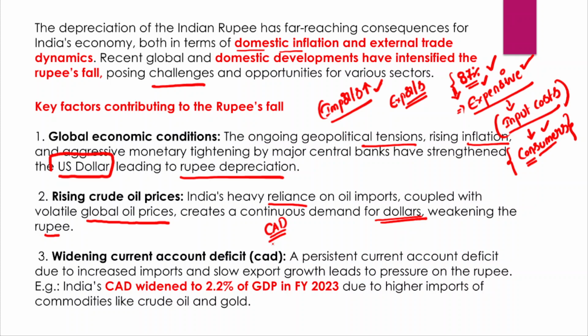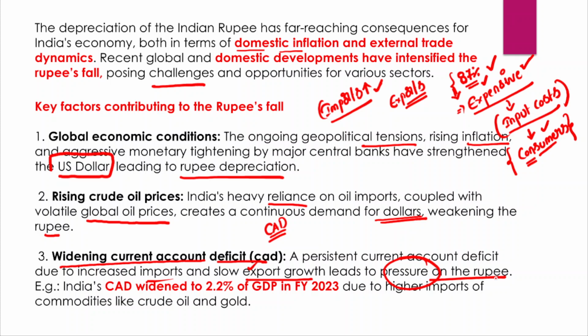However, India is still depending a lot on imports from other countries, and that has been leading to the widening of the current account deficit. So persistent current account deficit due to increased imports and slow export growth has been leading to pressure on the Indian rupee, right? So we have been importing a lot, but compared to the imports, we have been experiencing slow export growth, and that has been leading to pressure on the rupee.